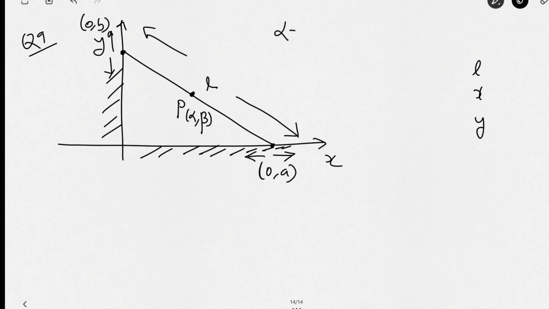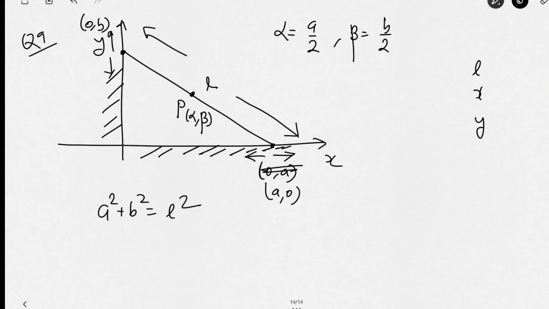Alpha is A over 2, and beta is B over 2. Also, one important fact is A square plus B square is L square. We need to make it in alpha and beta, and finally replace them with x and y.